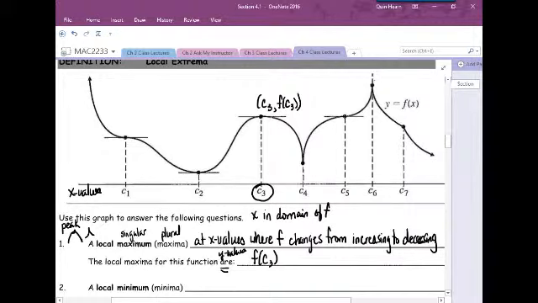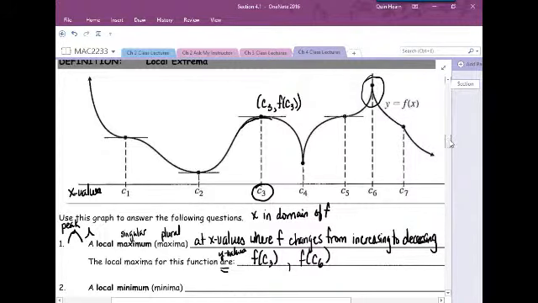Now C6 looks quite a bit different than C3 because it doesn't nice and softly round off at the top. It has a sharp point, but it still is what's considered a local maximum. We change from increasing on the left to decreasing on the right. So the local maximum is f of C6, whatever that y value is there.